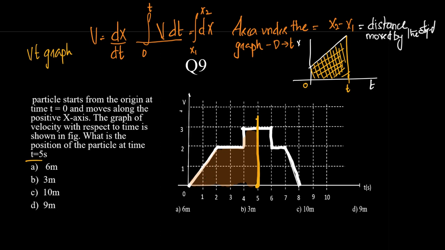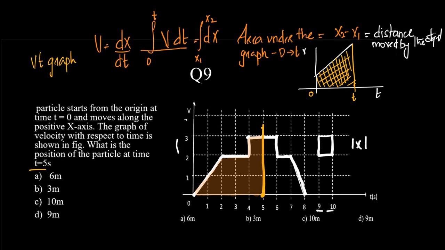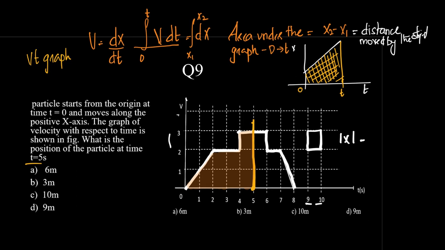Now, if you ask me to find this as easily as possible, one typical square here measures 1 into 1, because the unit is 1 here and the unit is also 1 on the y-axis. So there are 1, 2, 3, 4, 5, 6, 7 and 8 full squares.